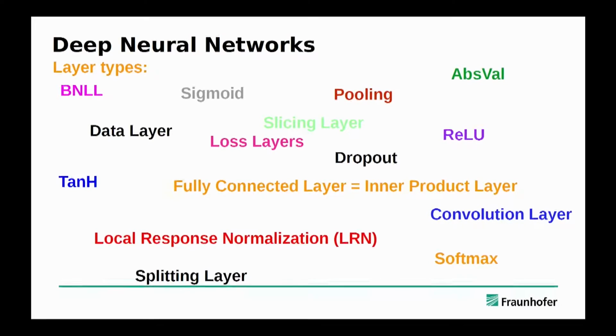Actually, a deep neural network nowadays mostly consists of other things than neurons. There are literally hundreds of different types of layers, the computational units, that actually compute different things, from convolutional filters to normalization, to data simplification, to regularization, and so on and so on.